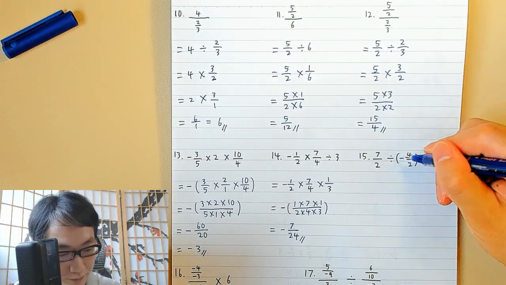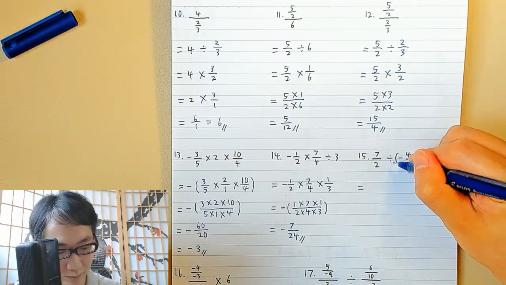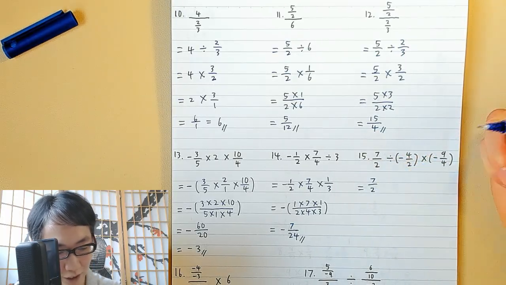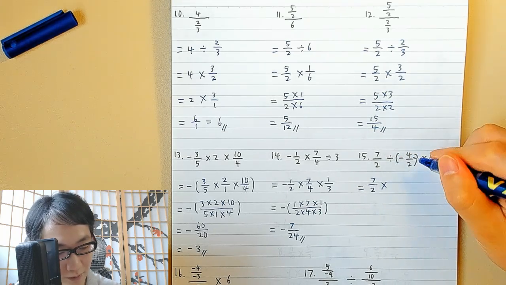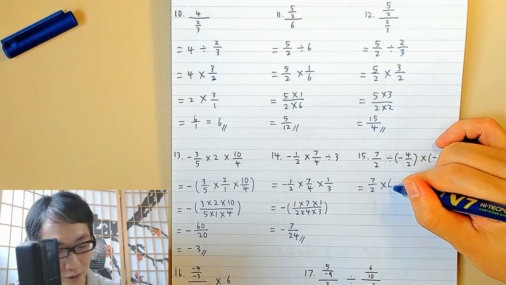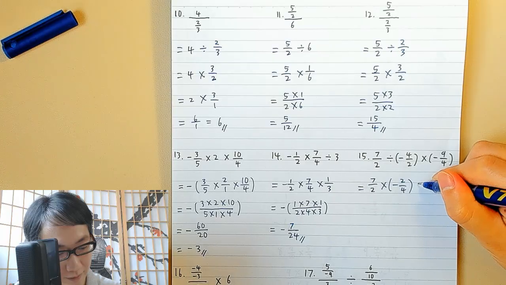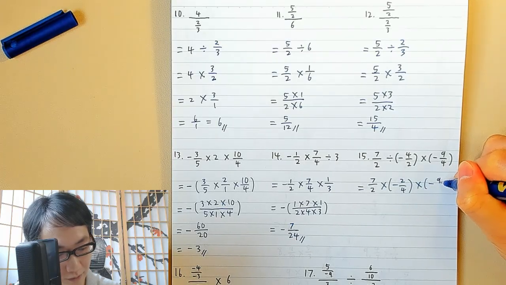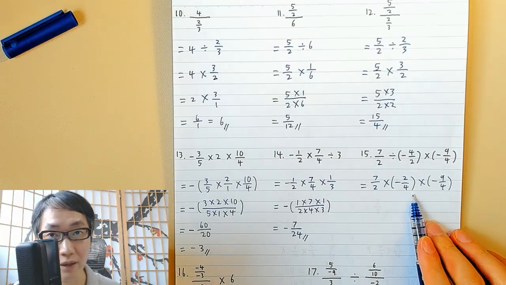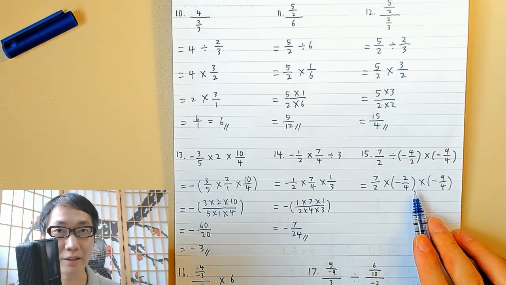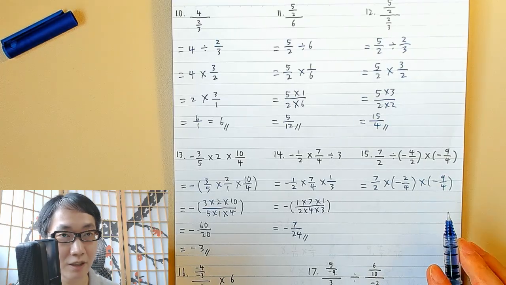The third one. So we see a division symbol here, we do something about it. So 7/2 is multiplied by the inverse of this. So this is negative 4/2. The inverse of this is negative 2/4. And then multiplied by negative 9/4. Okay. So the order of multiplication doesn't matter. If we multiply these two numbers first, negative multiplied by negative, we get positive.